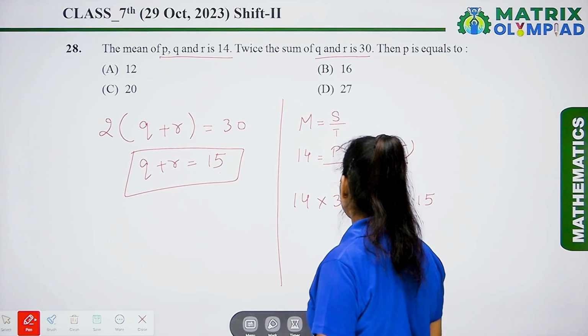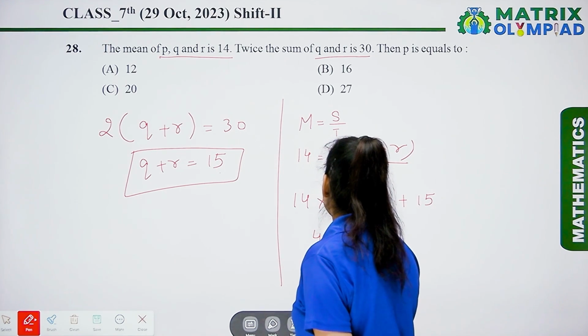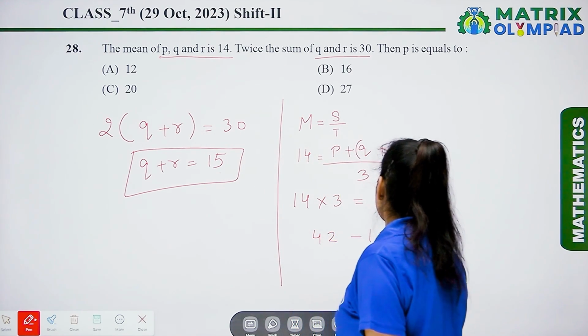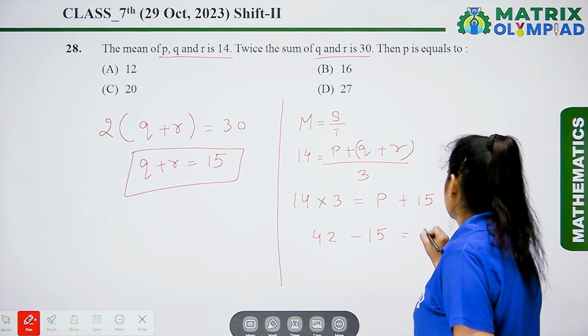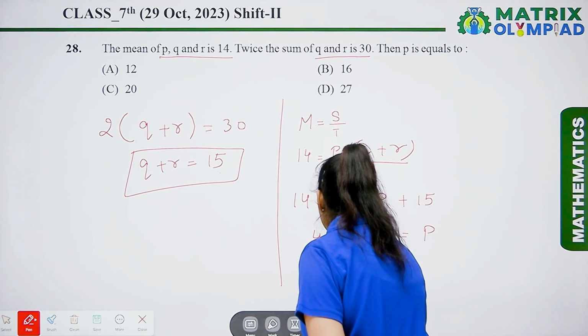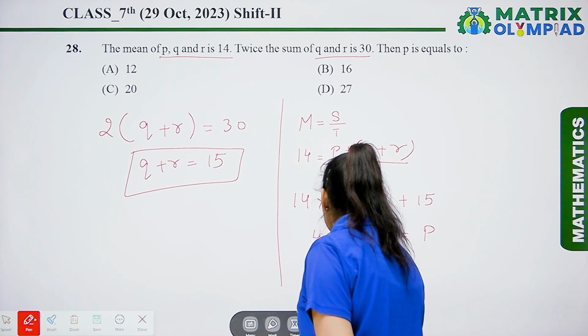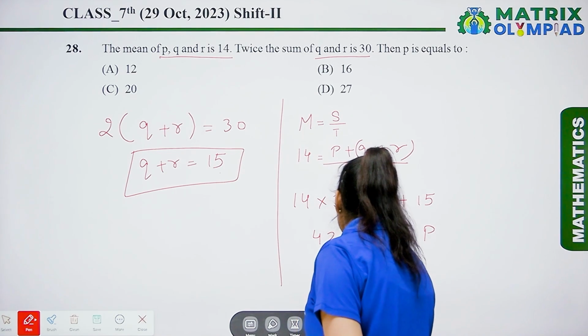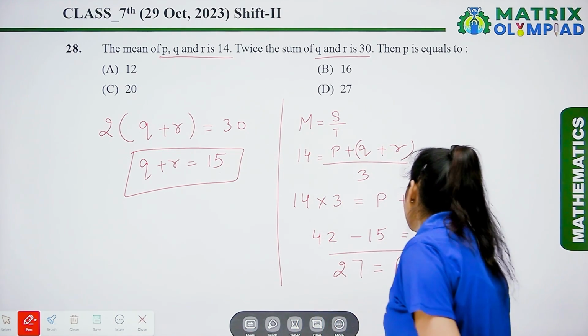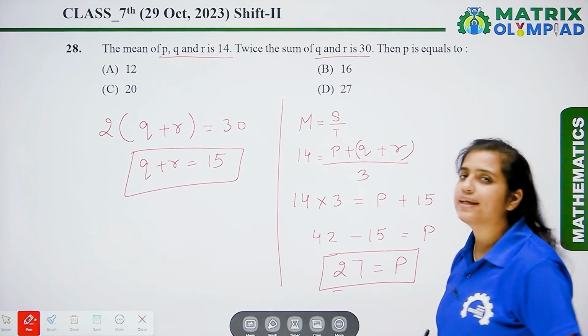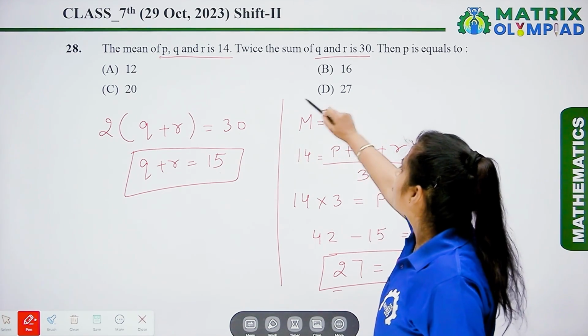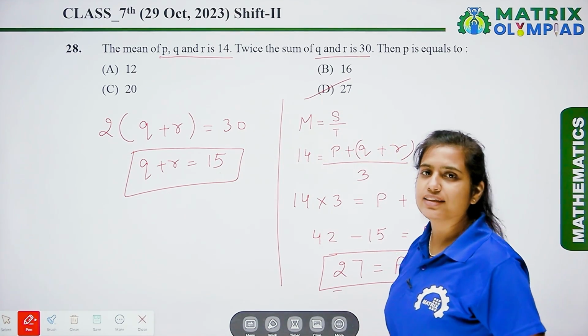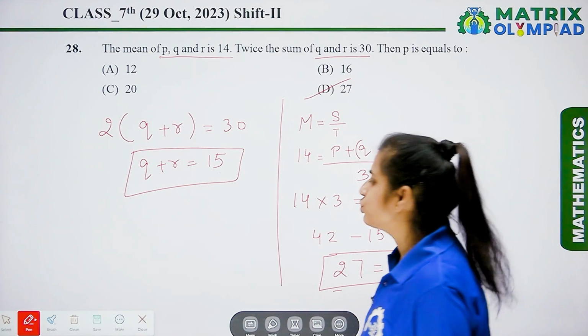So here the value of P is 27. So option D is the correct answer. Let's move on to the next question.